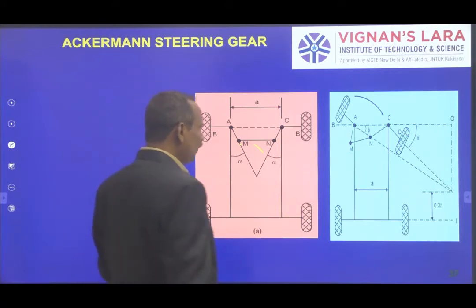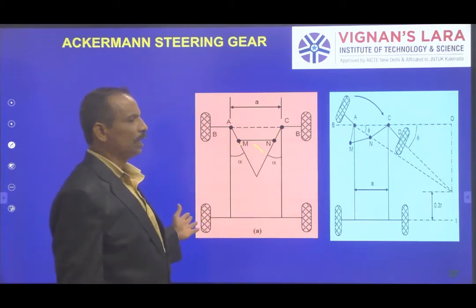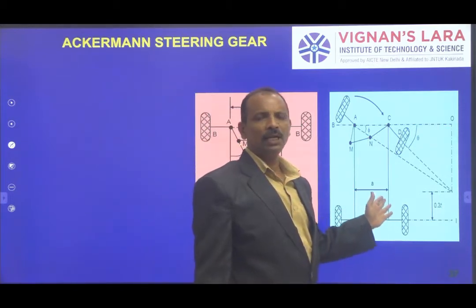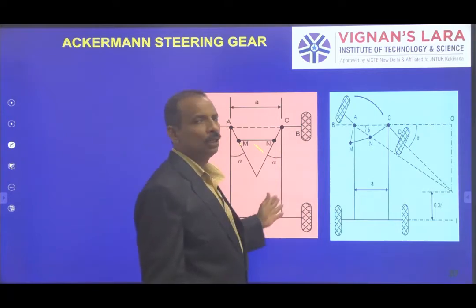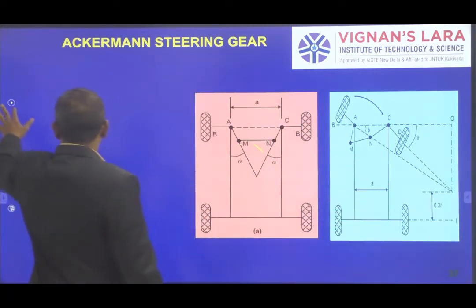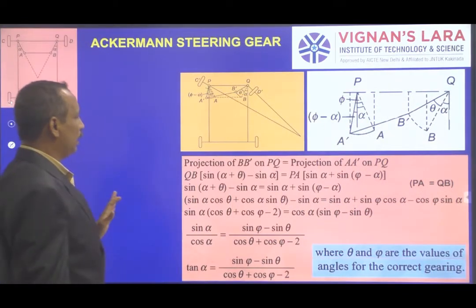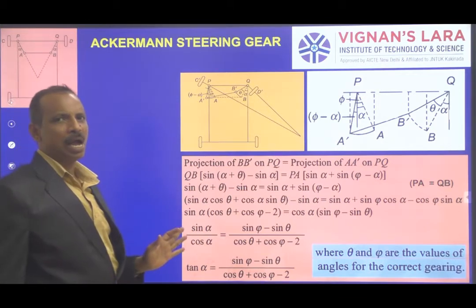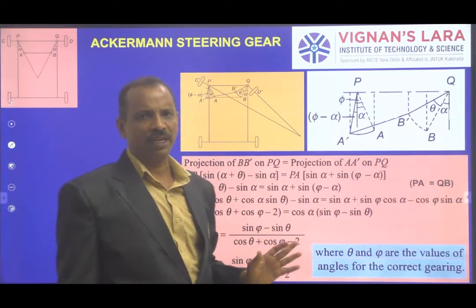In the case of this Ackerman steering gear, as I said, correct steering is achieved only at three positions, that is, one middle position and two extreme positions. So the analysis gives, for a correct Ackerman steering gear, what alpha is required with respect to theta and phi.